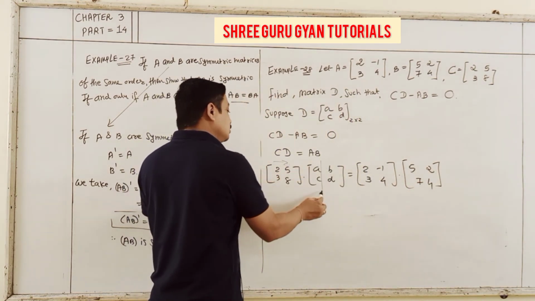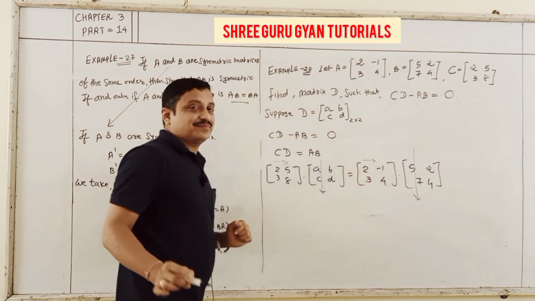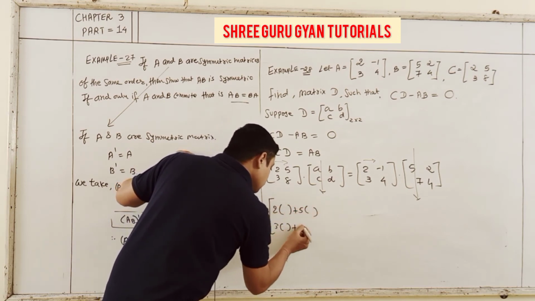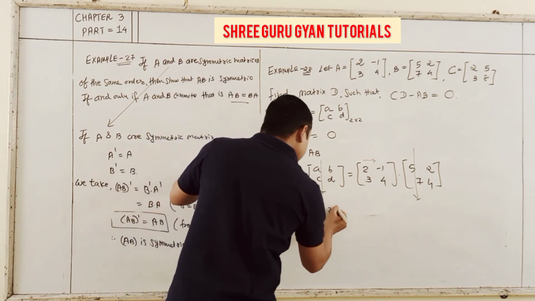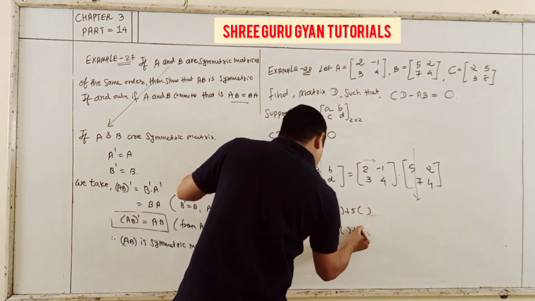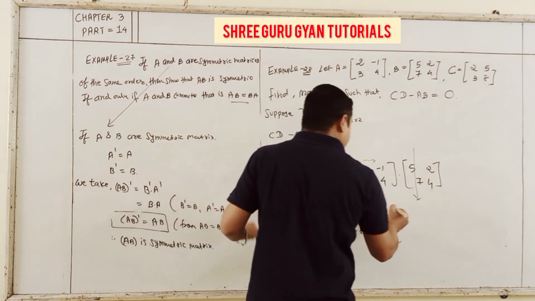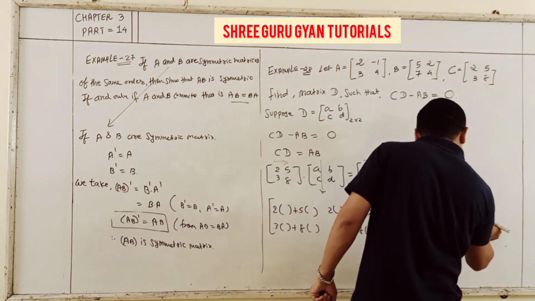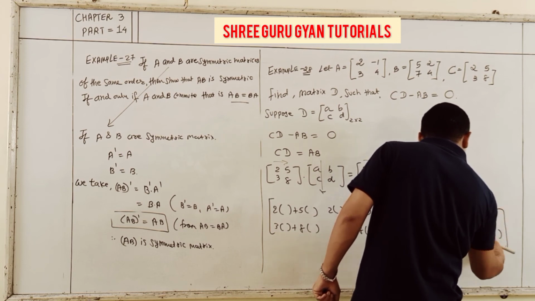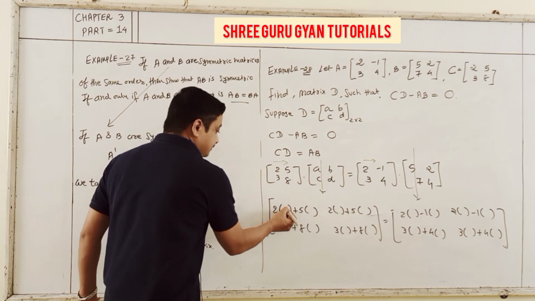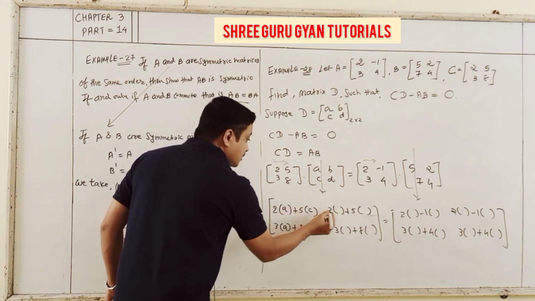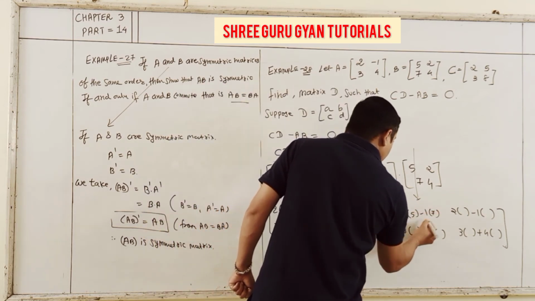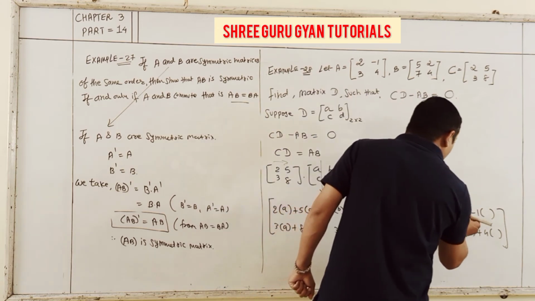Here we just use the matrix multiplication rule. On this side, the rows 2 5 and 3 8 multiply the columns of D, and on the other side, rows 2 3 and minus 1 4 multiply the columns of B, 5 7 and 2 4.